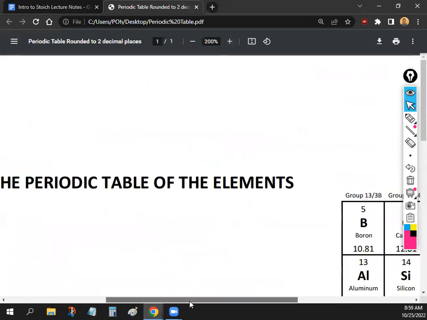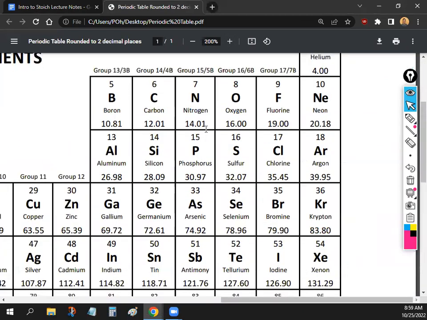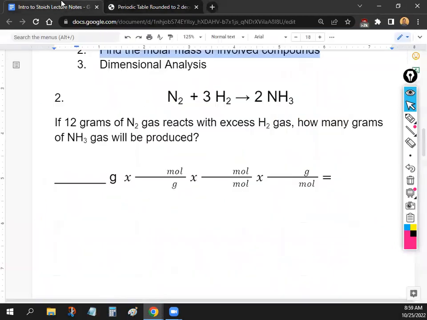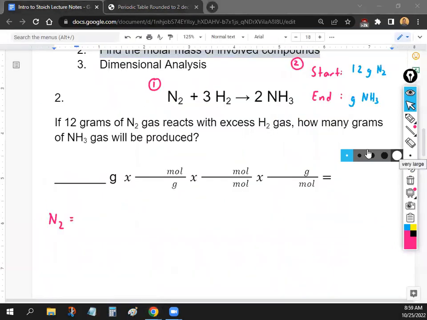What's the molar mass of nitrogen? Yeah, 14.01. We can round that to 14. So the molar mass of nitrogen is 14. And so if there are 2 nitrogens, the molar mass is going to be 28. It'll be 28, and then it'll be grams per mole. Okay, easy peasy.